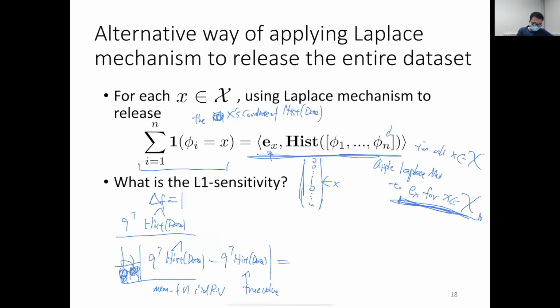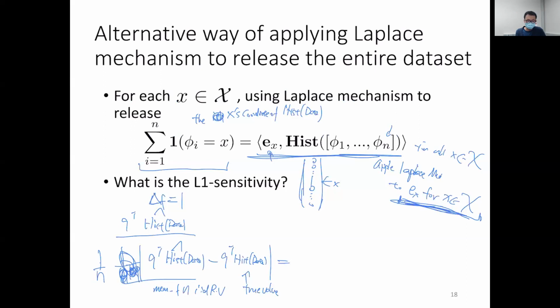Wait, yeah, I'm sorry, I'm applying the normalization here. The summation is over the data space, but since we're calculating the normalized error, we're still adding this 1/n in front of it.